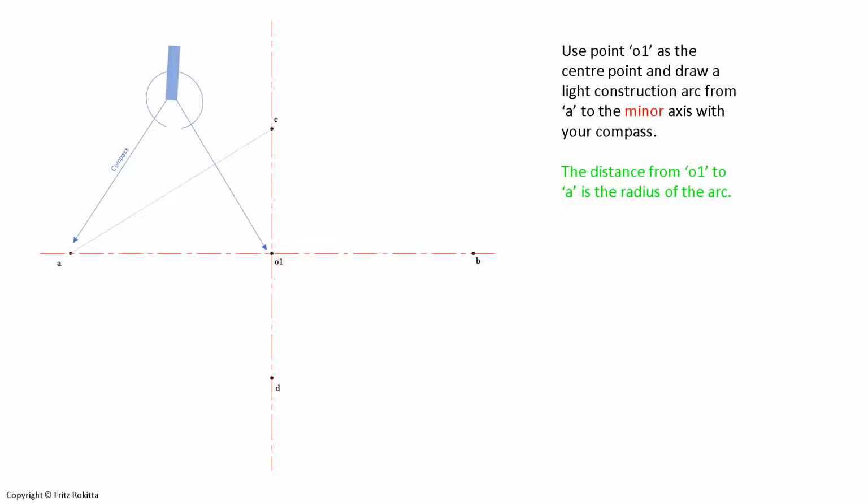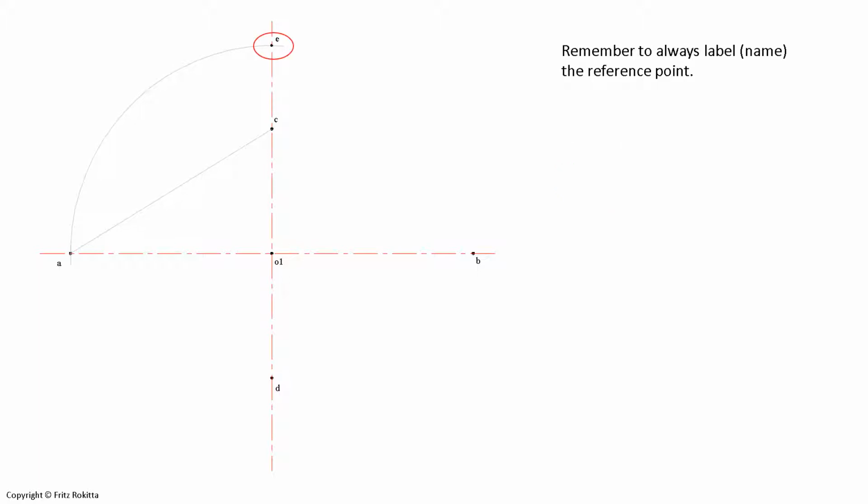We will now draw a light construction arc all the way from A up to the minor axis and intersect that arc with the minor axis. Make sure that you now label the intersection of the construction arc with the minor axis. I am naming it point E.